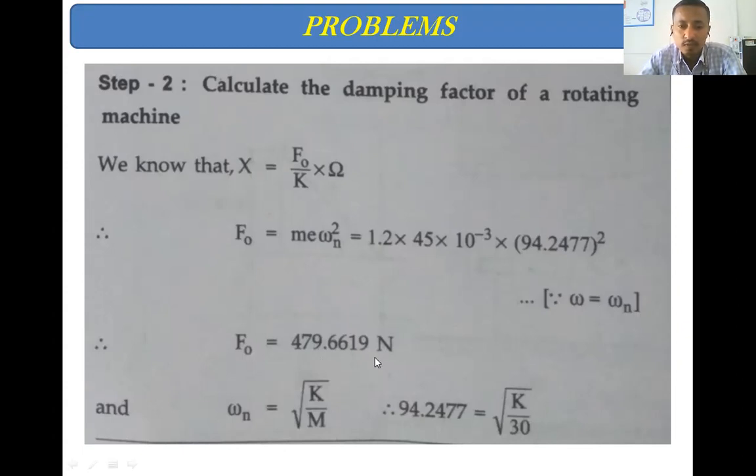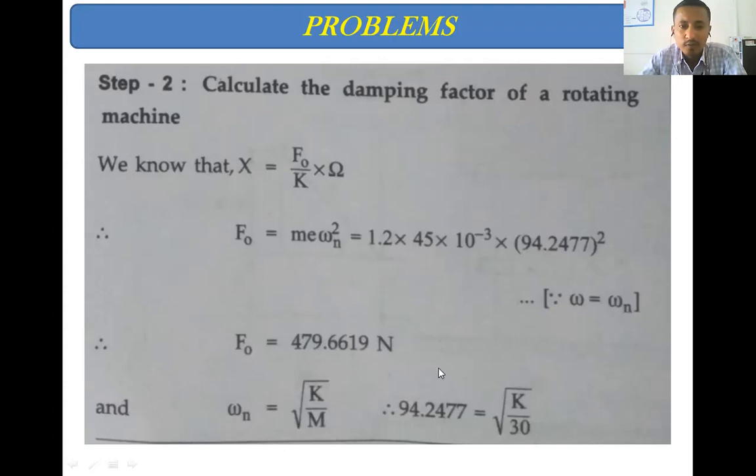Once we get this force value, that is F naught value, 479.6619 Newton. After that, omega n is equal to square root of k by m. By using this we can calculate the value of k, that is the spring constant, the stiffness value.